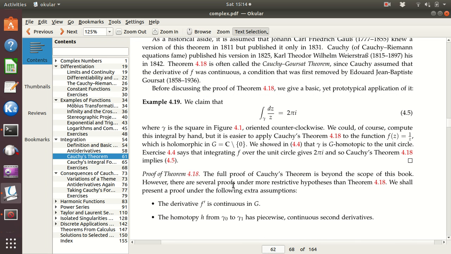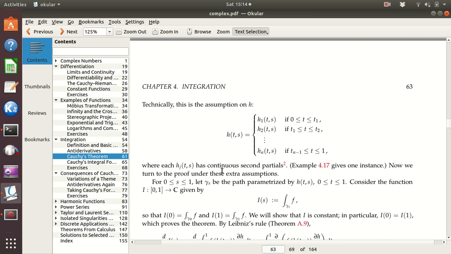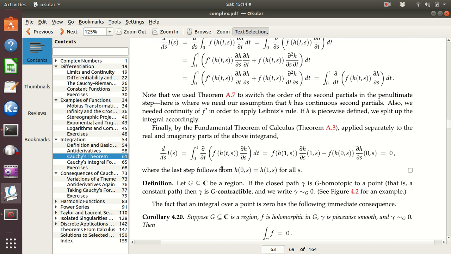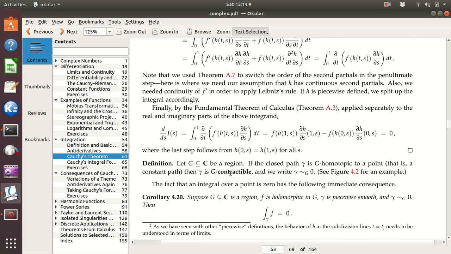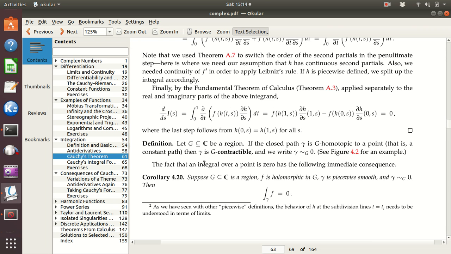So let's see. Okay, so they went over that, and then they do this big long proof. We aren't going to worry about the proof. They mention contractible to 0, and if that's the case, then we had Cauchy's theorem up here that these two things are equal.